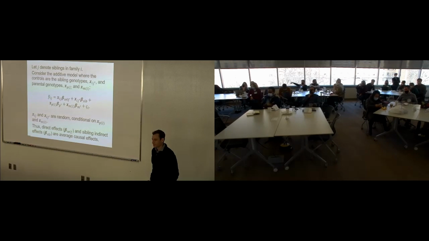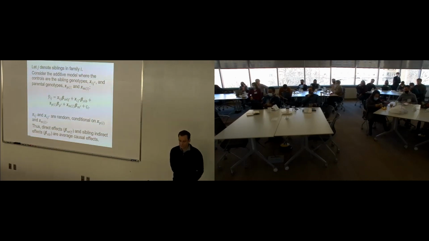So what does it mean to call that beta a causal effect? Yeah, tell me if I'm not following the question, but I think what you're pointing out is that there could be environmental factors that are affected.